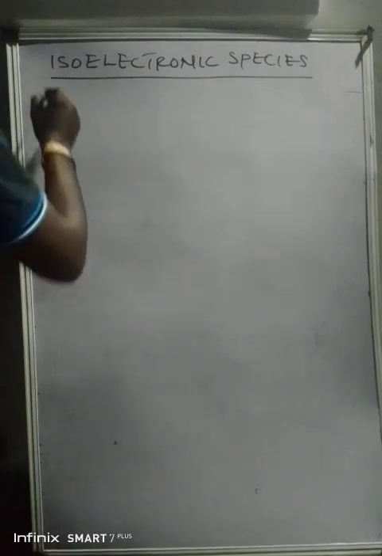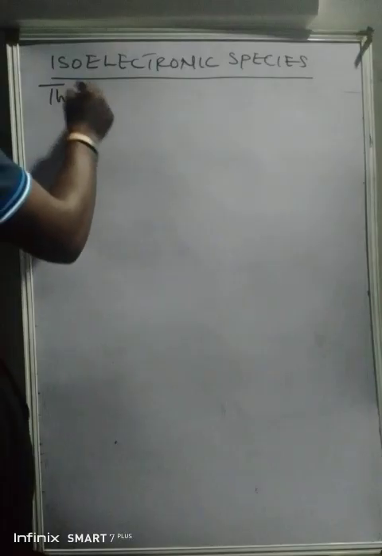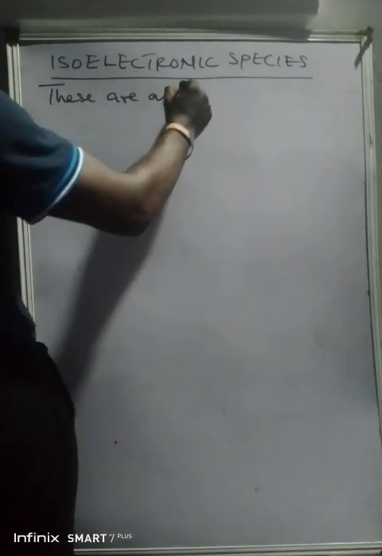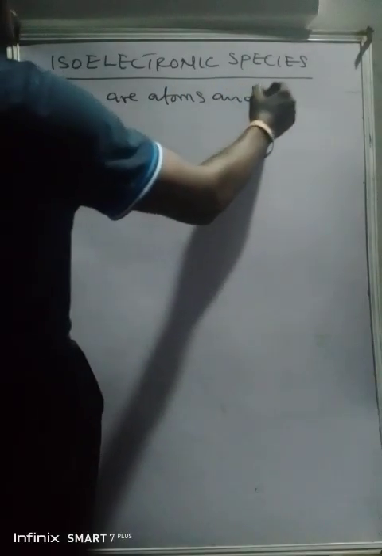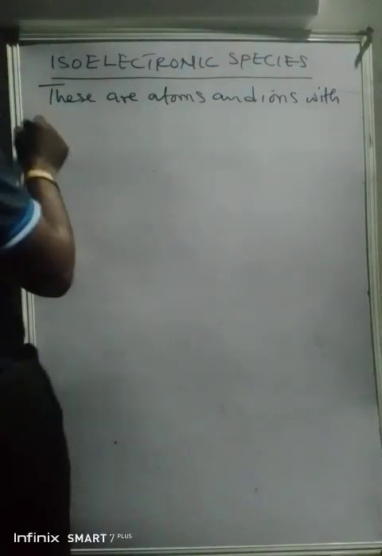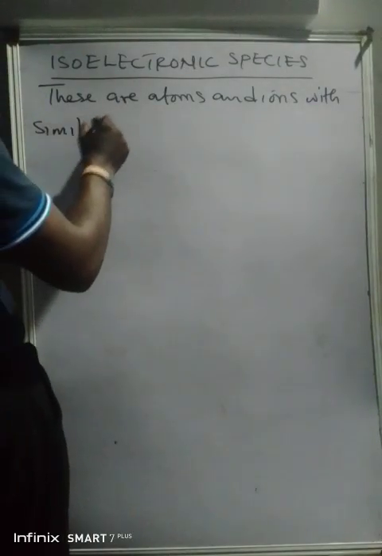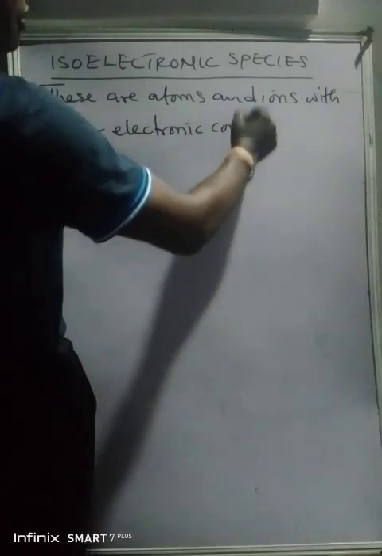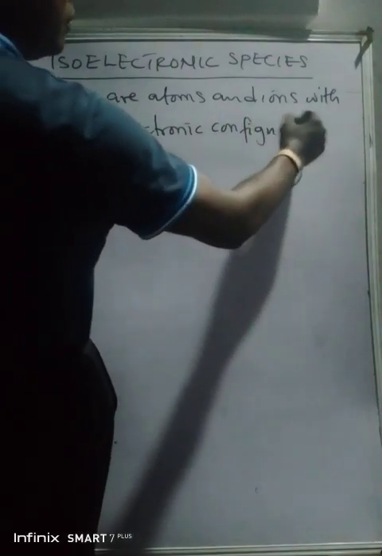Electronic means the same electronic configuration. So these are atoms and ions with similar electronic configurations. They have the same electronic configuration.